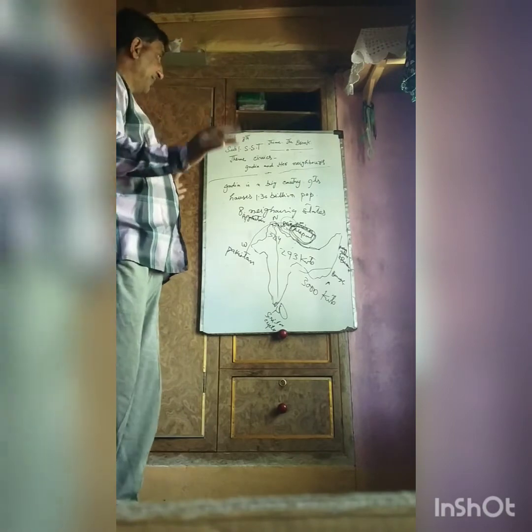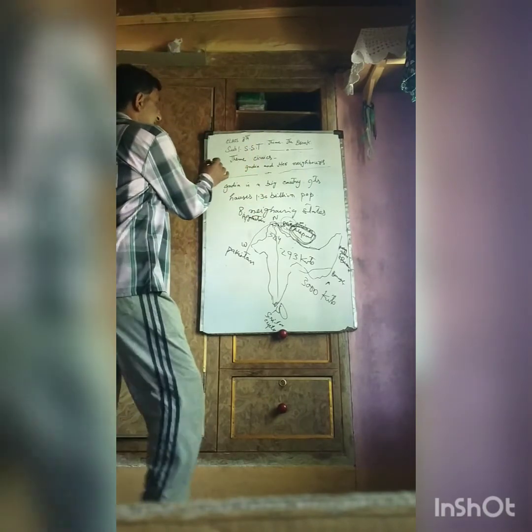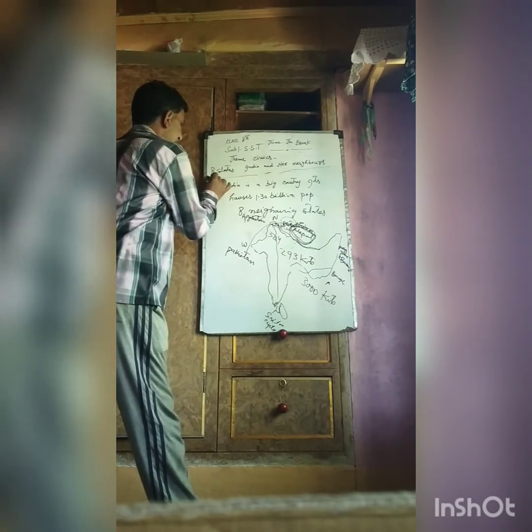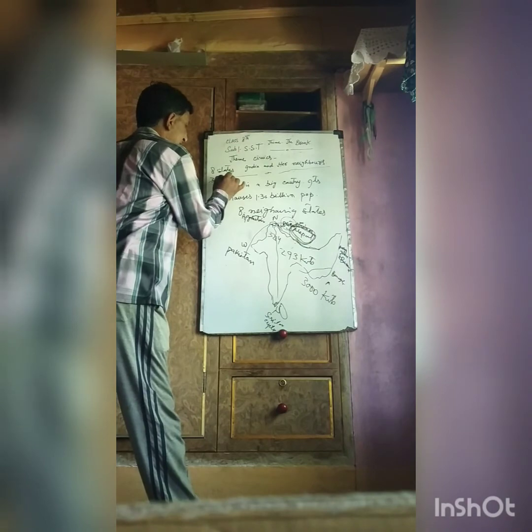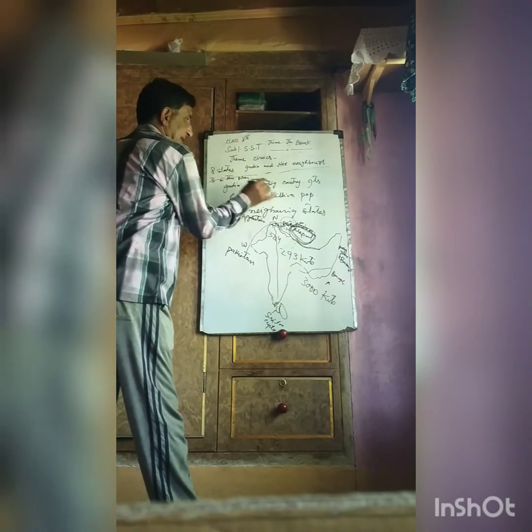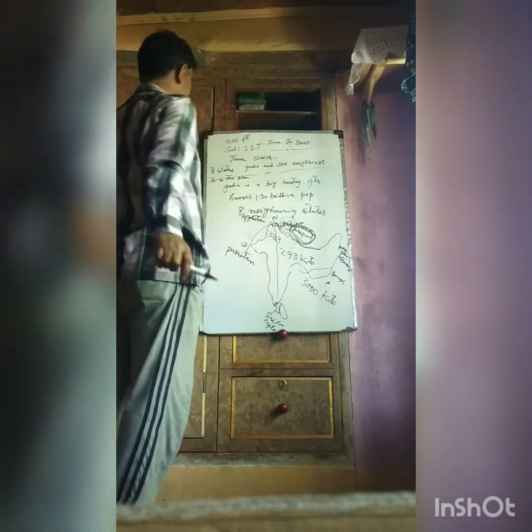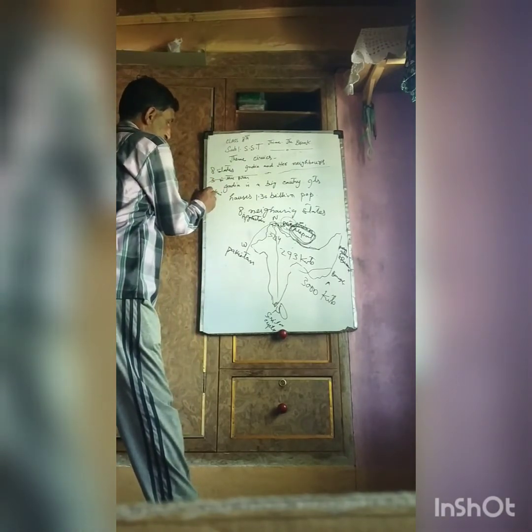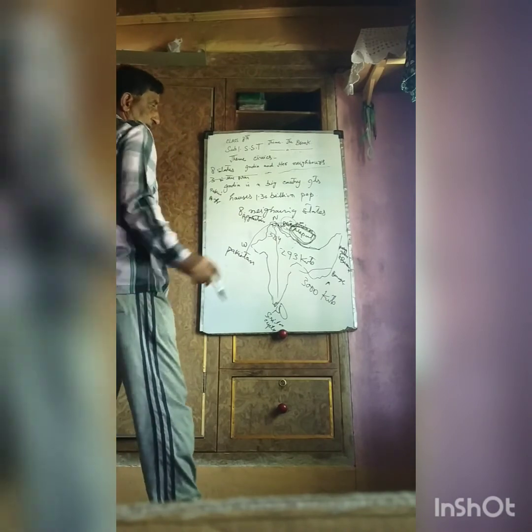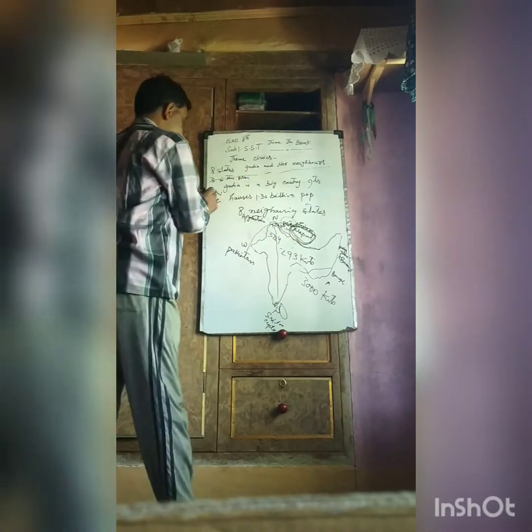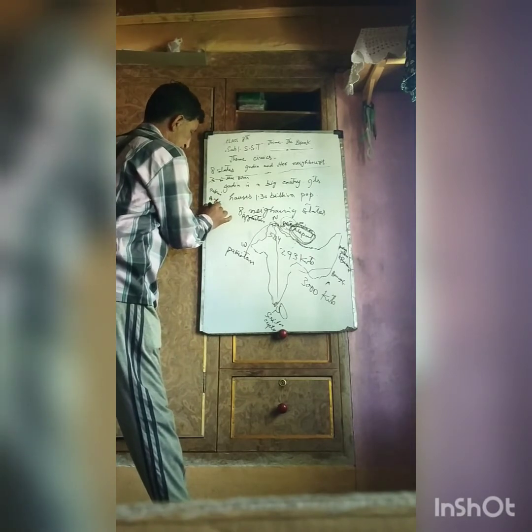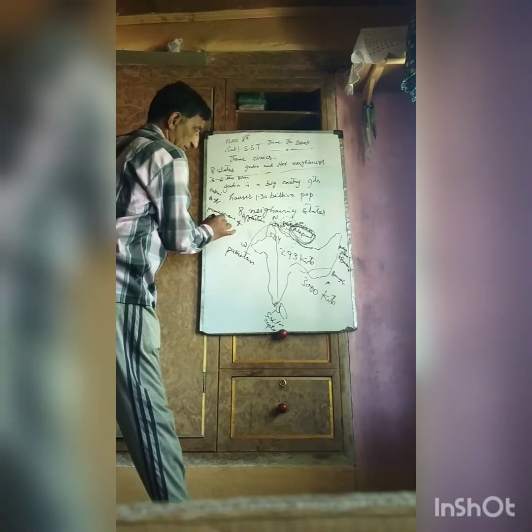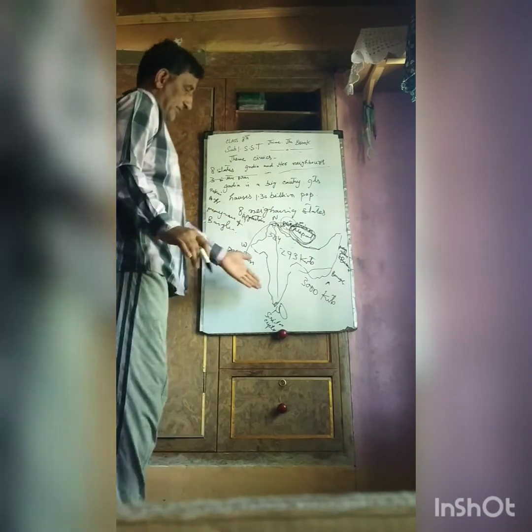I think you have got it, that India is surrounded by 8 states: 3 in the north, that is China, Nepal and Bhutan; 2 on the western side, that is Pakistan and Afghanistan; 2 on the eastern side, that is Myanmar and Bangladesh; and 1 on the southern side, that is Sri Lanka.